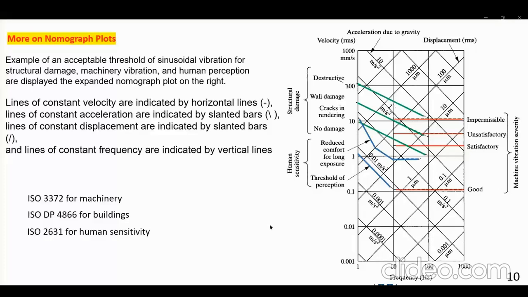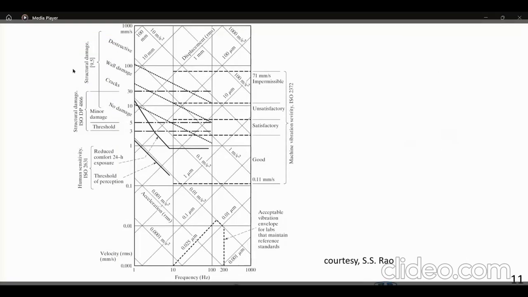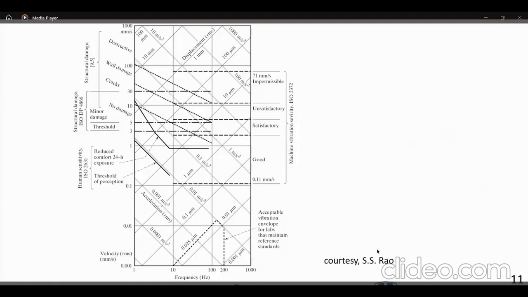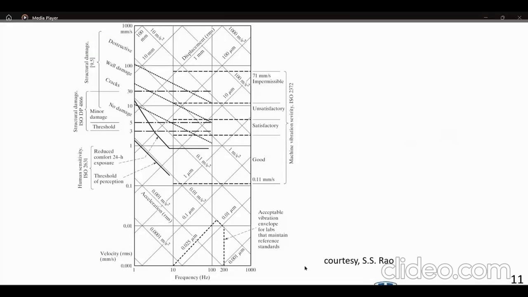Now, this same plot is reproduced here for you. The sources are different. The previous one was from Inman's book. This is from Rao's book. So it's the same kind of stuff. You can see that there is the ISO 2372 standard for machinery.